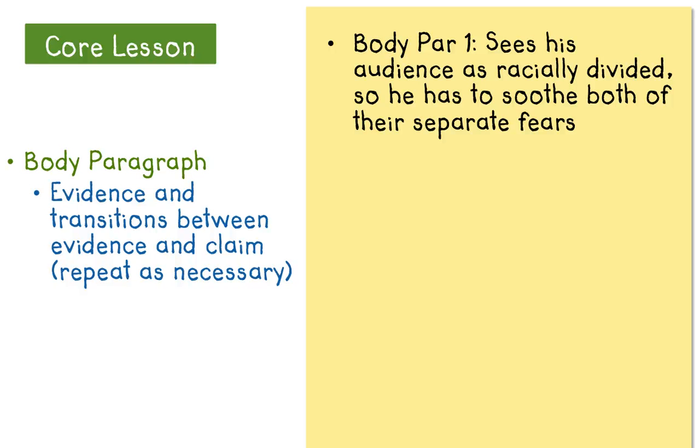This should be a continual process. So all I had before is that this paragraph would be about how he sees them divided racially. But I'm also noticing, as I'm looking over these quotations, that it seems like there's a purpose. He sees them as divided racially. This is Washington. So he has to soothe both of their separate fears, both the fears of his black audience and the fears of his white audience.